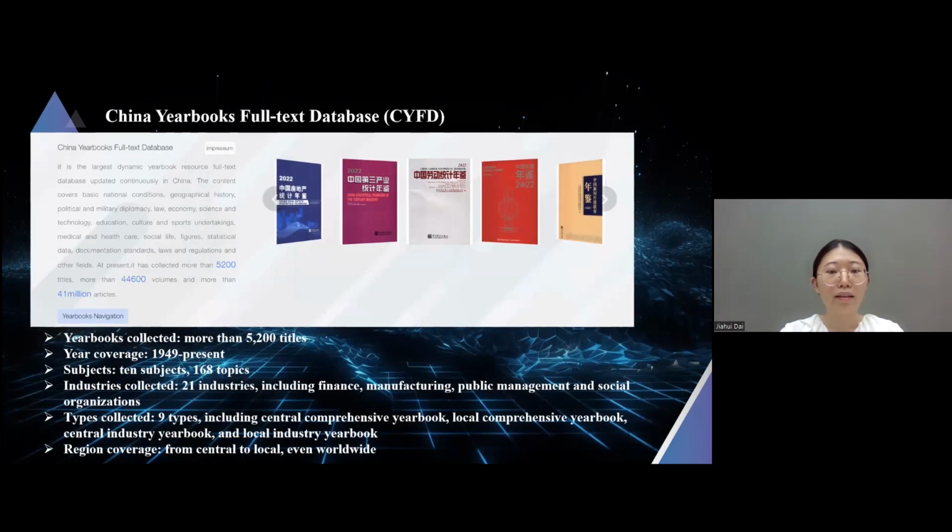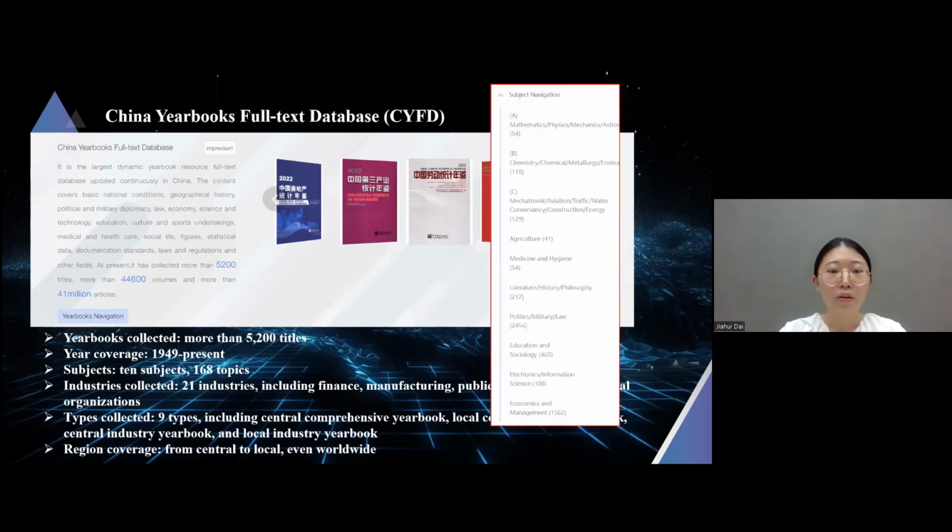At present, there are more than 5,200 titles of yearbooks, all of which have formal copyright. The earliest yearbook can be traced back to 1949, covering 10 subjects, including economics and management, politics, military, law. The 10 subjects can be subdivided into 168 topics.